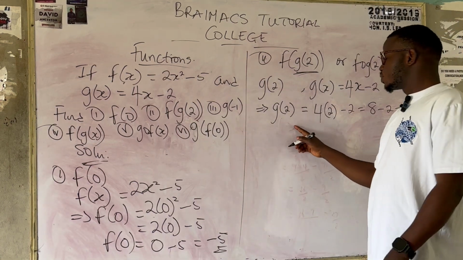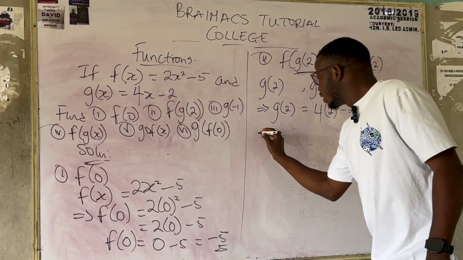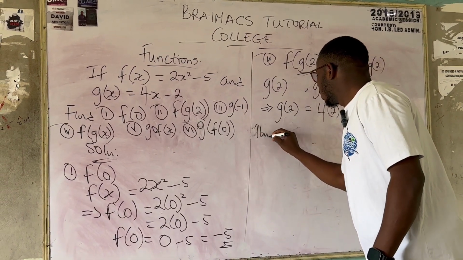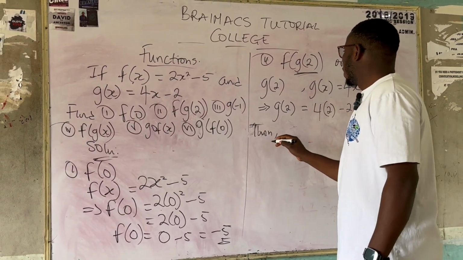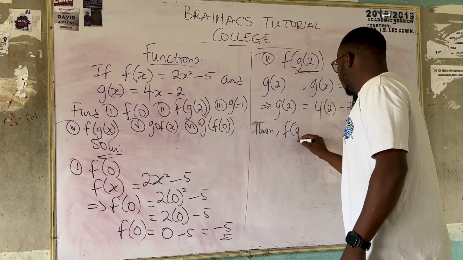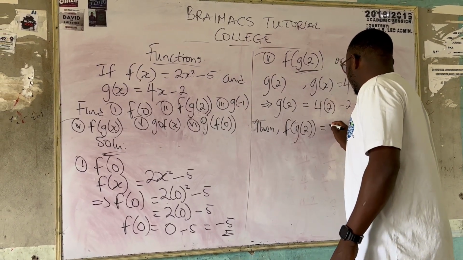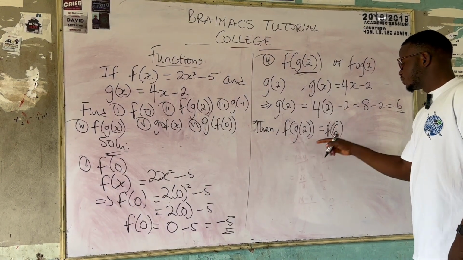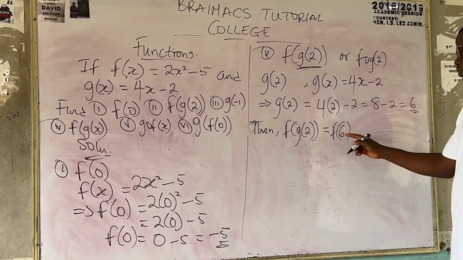So if g of 2 is equal to 6, then f of g of 2 will be equal to f of 6, because the value of g of 2 is equal to 6.